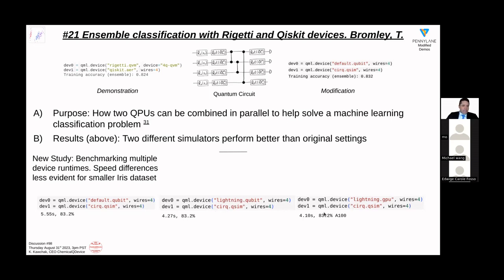And this is an iris data set. This is small, like 150 images. That's why it's fast. And then next with the lightning.gpu, 0.17 seconds, better with an A100. Probably not worth it in this case, but it'd be worth running on a lot bigger data set for sure.